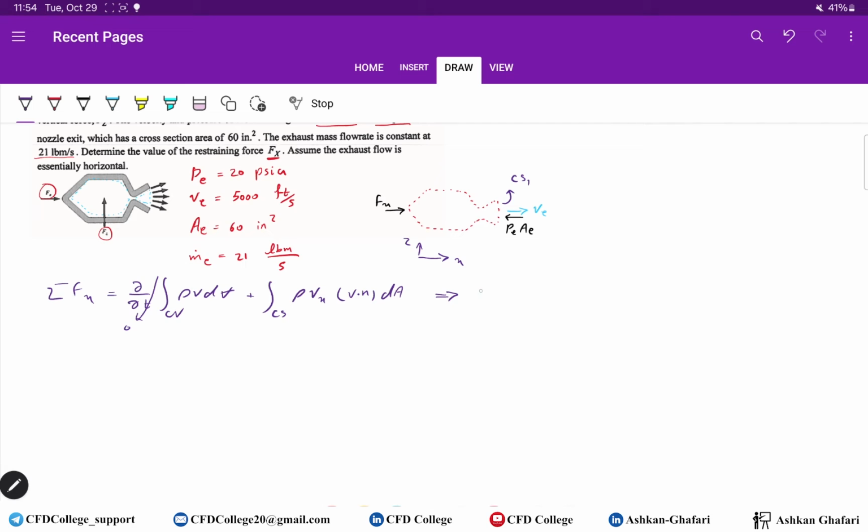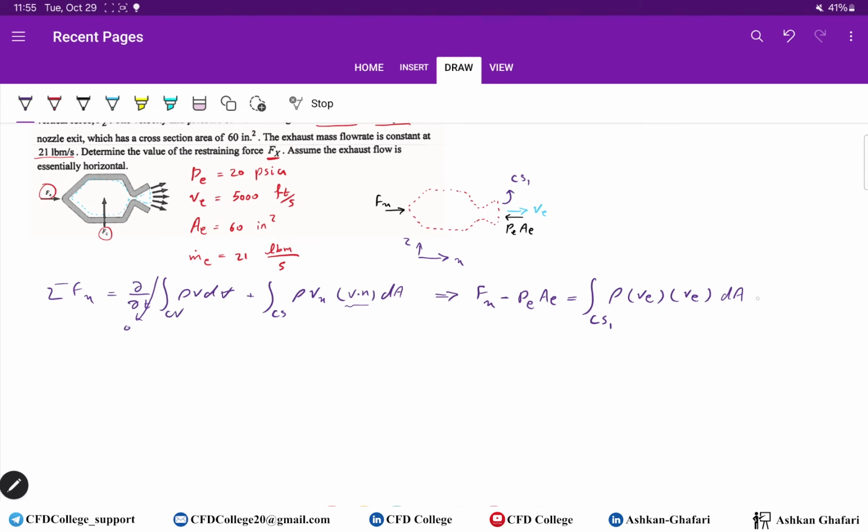Fx is parallel to the x axis, so Fx, and PEAE, the force due to pressure, which is in the opposite direction, so minus PEAE, equals, we only have one control surface, over control surface 1 rho Vx, which is VE and it's positive, and V dot N, since here we have an outlet, equals the magnitude with positive sign, dA.